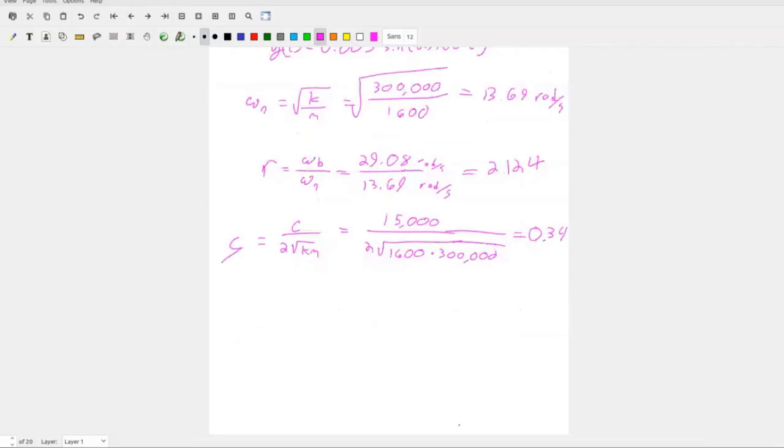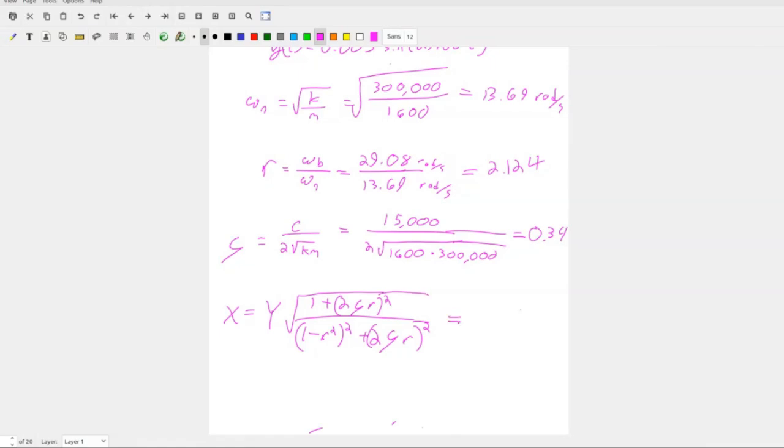It can be found that the maximum deflection of the car is going to be x, from our displacement transmissibility, x equals y times the square root of 1 plus (2 zeta r) squared, over (1 minus r squared) squared plus (2 zeta r) squared.